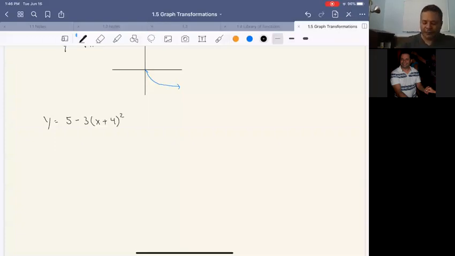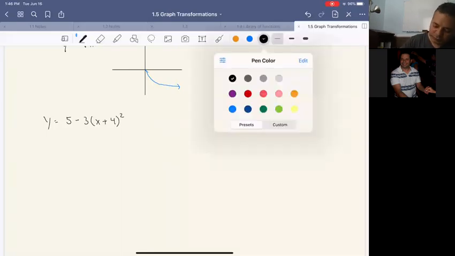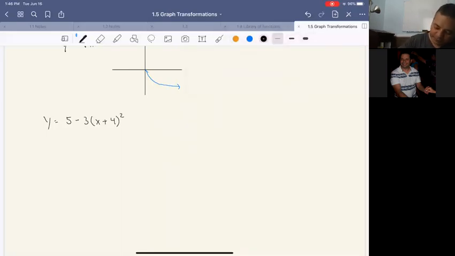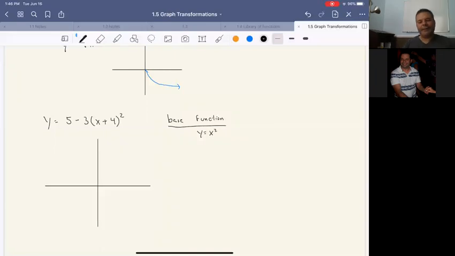Okay, so start by graphing a coordinate axes. Okay, now what is our base function? Our base function is, of course, y equals x squared.